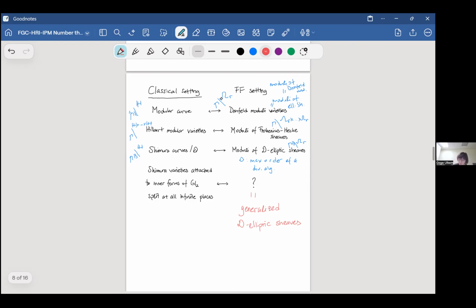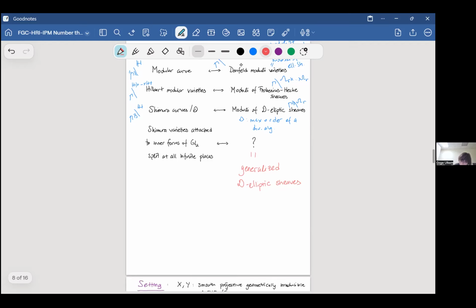So far we started with Drinfeld modules, which are categorically equivalent to elliptic sheaves.